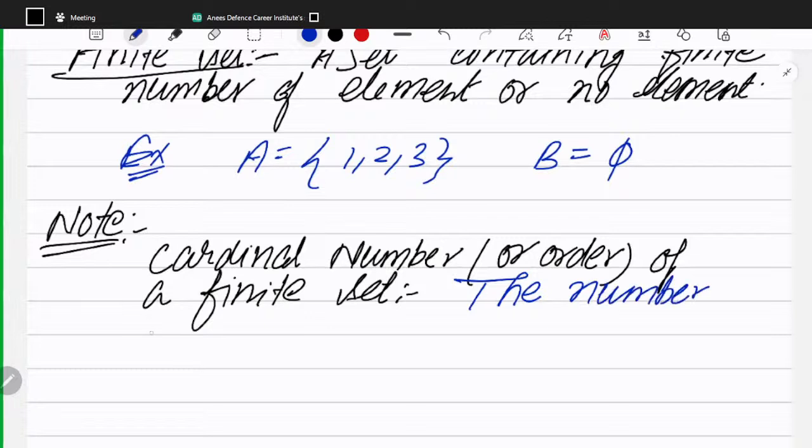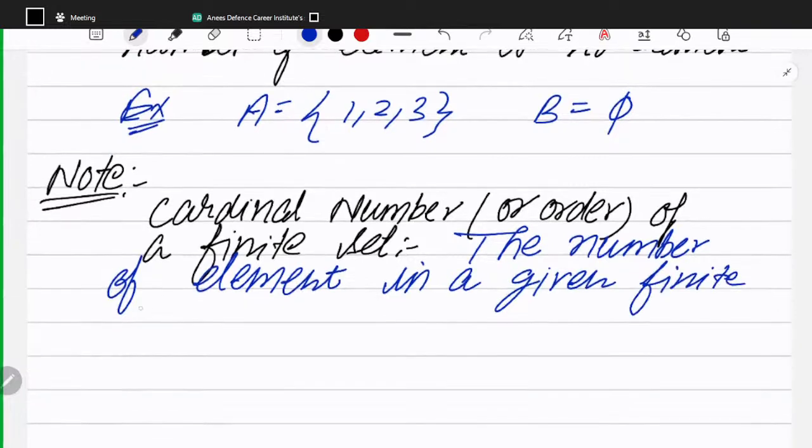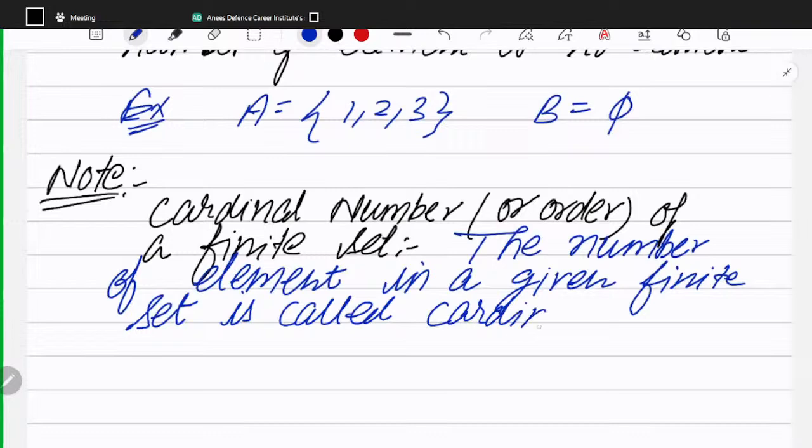The number of elements in a given finite set is called the cardinal number.